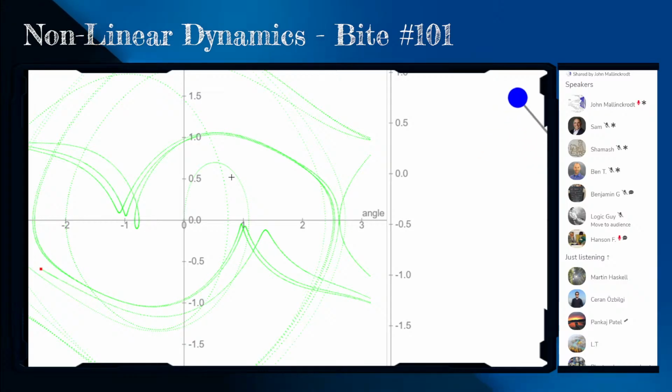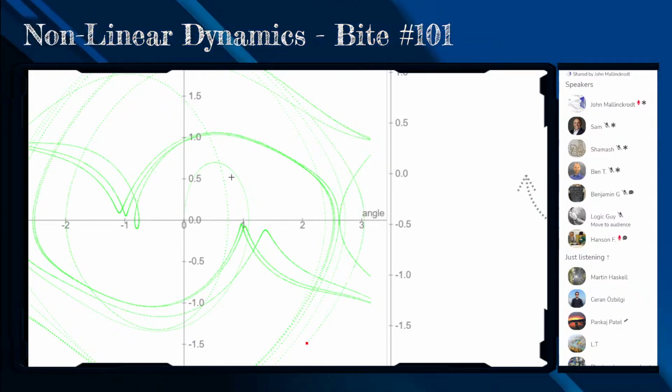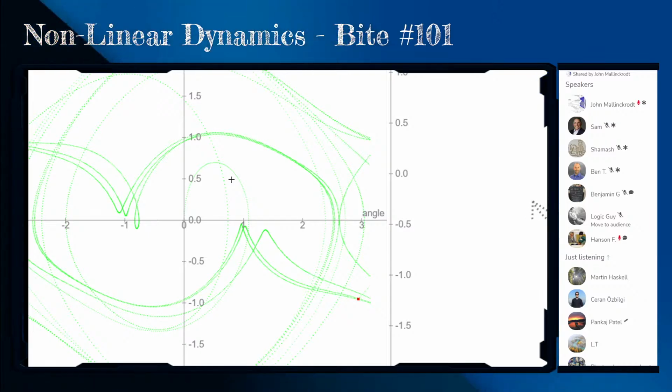It'll do one thing through one cycle of the driving force, and a different thing through the next cycle, and then it'll repeat exactly. So it'll go back and forth, back and forth. That's a period two type oscillation.